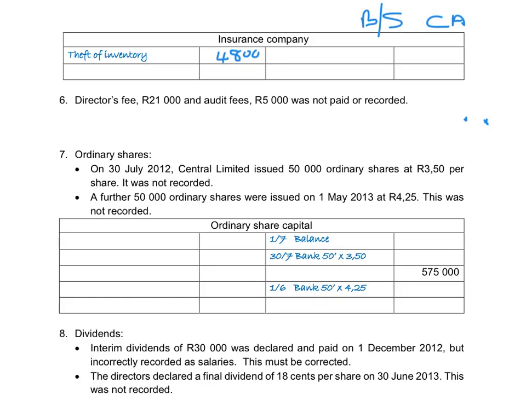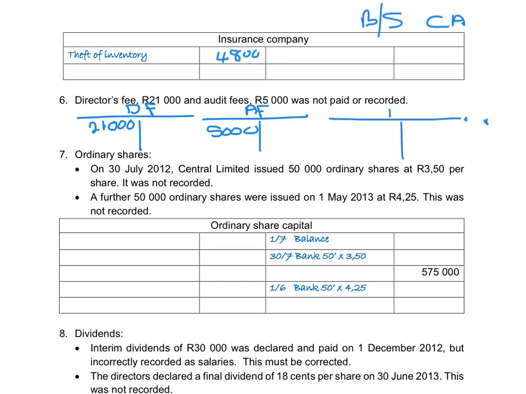The director's fees and auditor fees were not paid or recorded. That means that we have to go and open a director's fee account and show that this expense must increase with 21,000. And we will debit an audit fees account to show that this expense increases with 5,000.